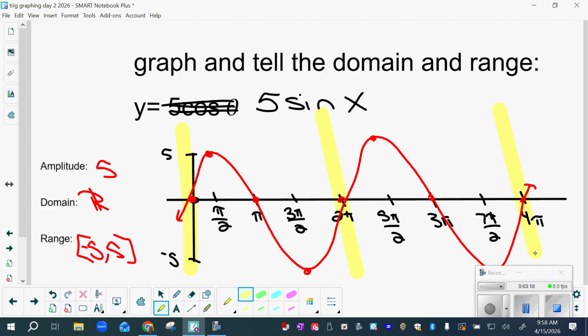What my friends Karen and Leah have been asking me is, what do I actually have to do on my graph? To get full credit on a graph, you need 2 cycles or 2 periods. Does that make sense? Sometimes that's 4 pi, but tomorrow we start changing the bottom number.